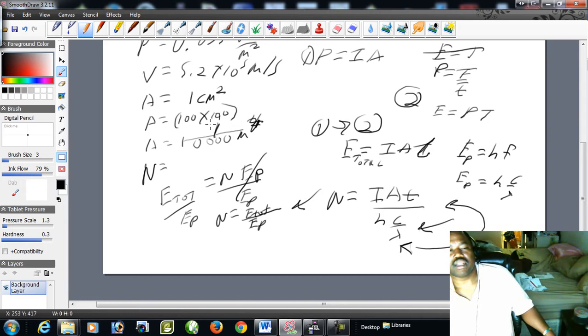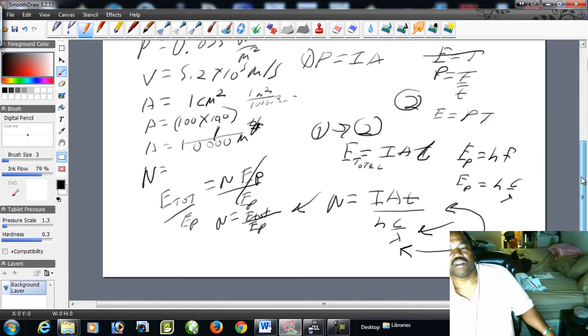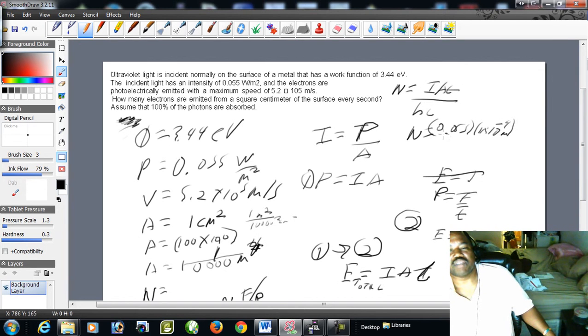Got it, because 1 meter squared is equal to 10 to the 4th squared centimeters, which turns out to be 1 times 10 to the 4th. My time turns out to be every second, so that is 1.